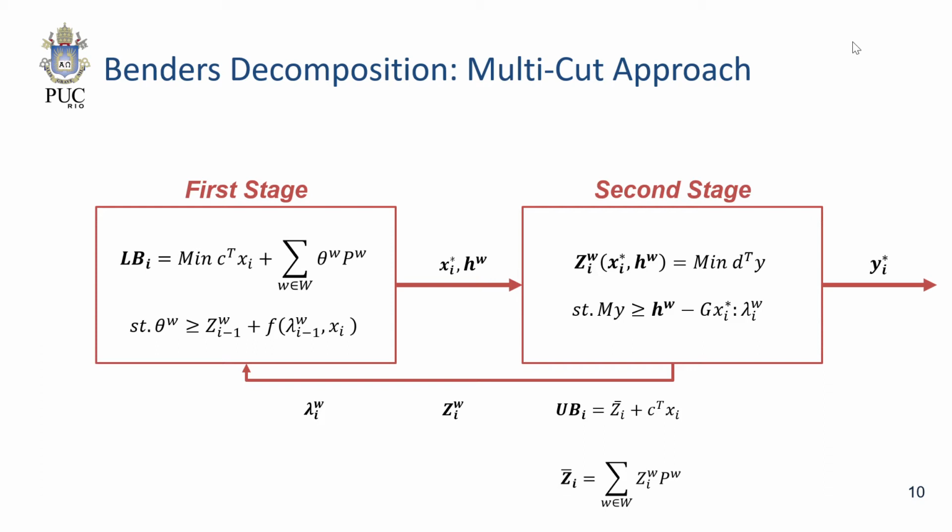And also on the first stage, instead of only one theta, you have one theta for every scenario. So you're approximating the function of every scenario and taking the average of them, and that is how you contemplate this on the first stage.